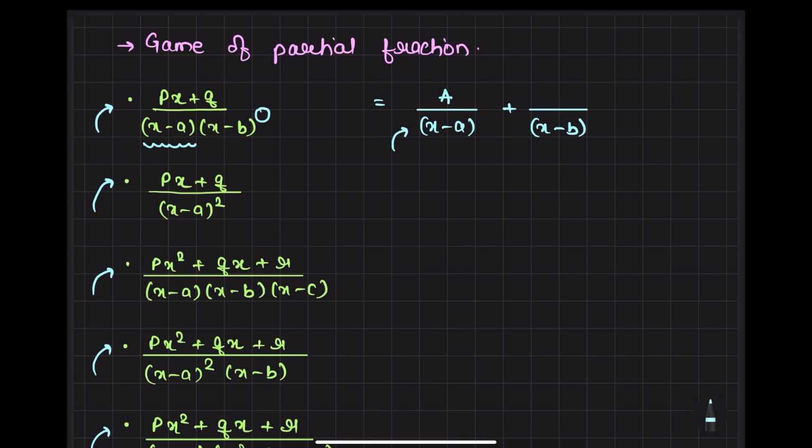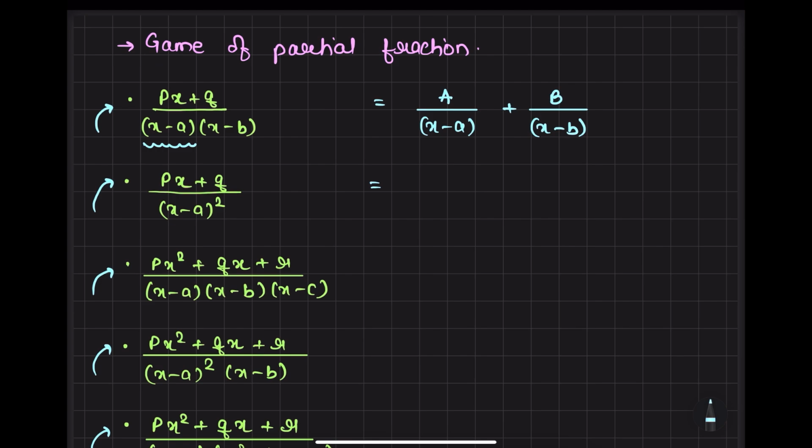Since the denominator is linear, the numerator has to be a constant, so you will use a new constant B. Now you have to solve for A and B. You will find the value of A and the value of B. Now you can segregate this question into two questions and solve accordingly.